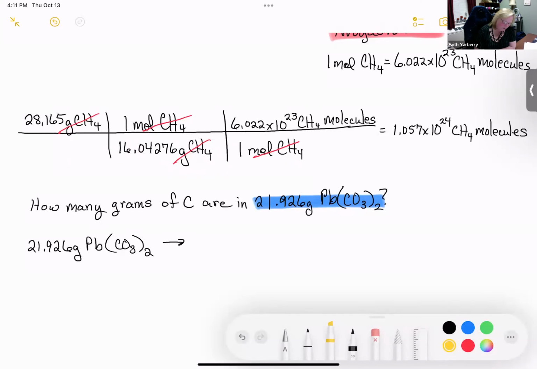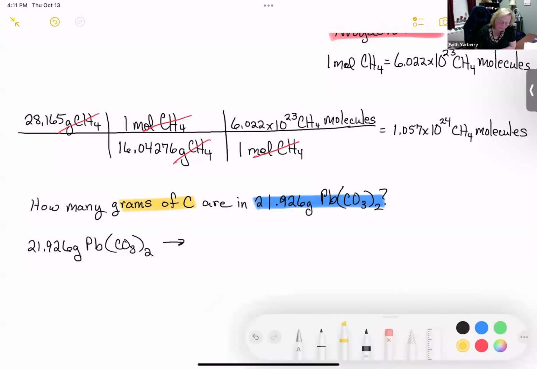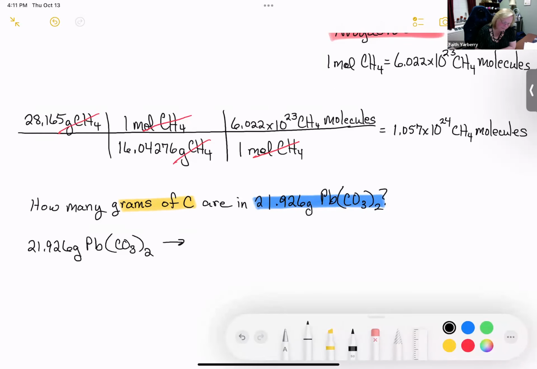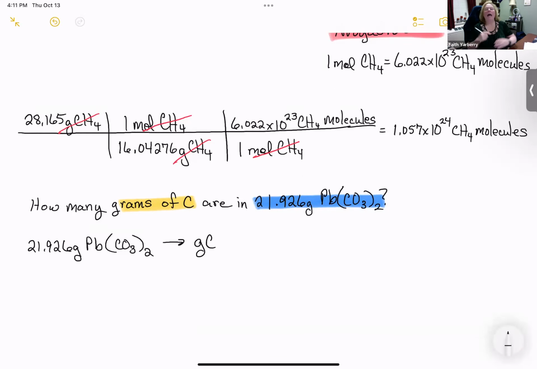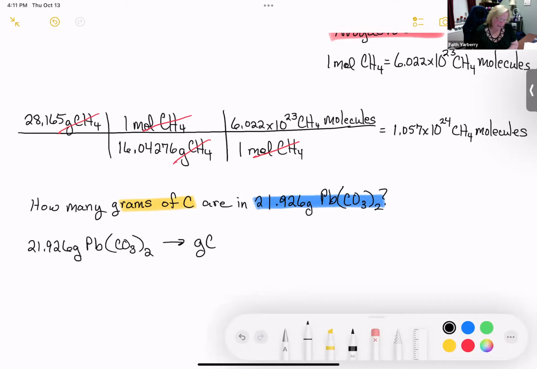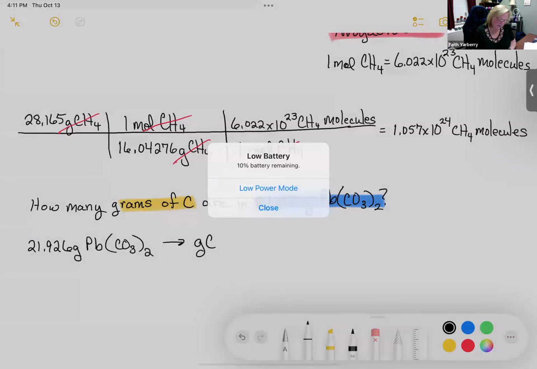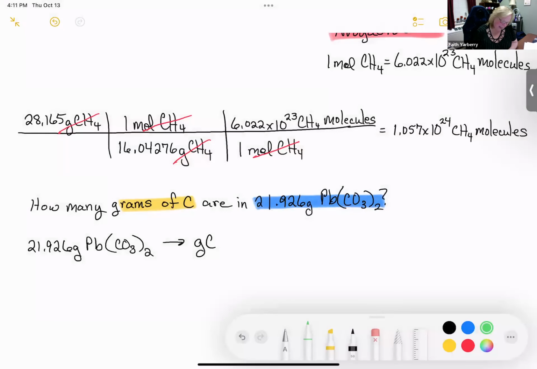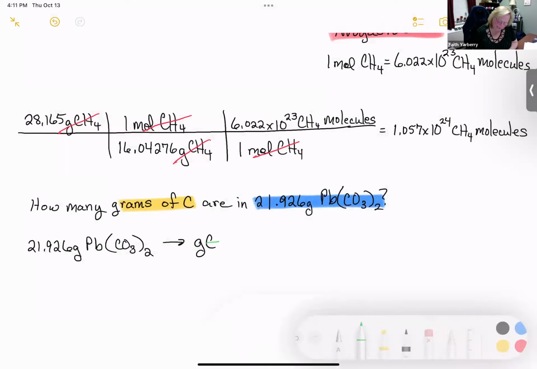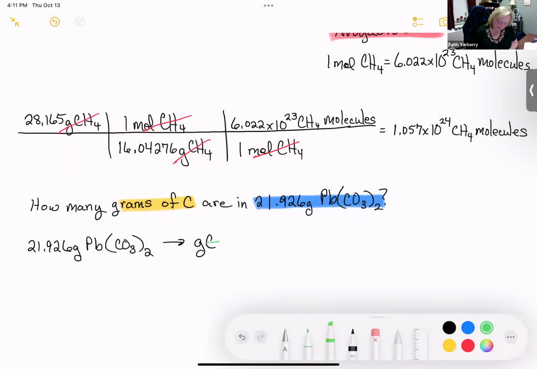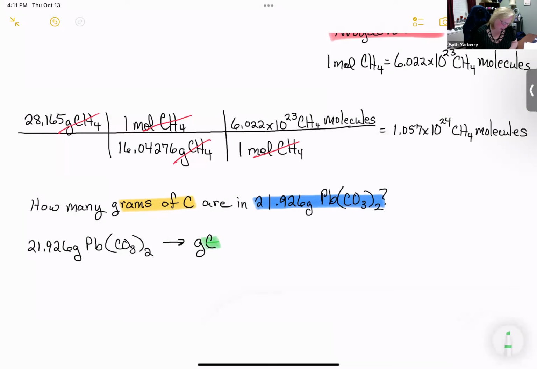I want to solve for grams of carbon. And now I start tearing this thing apart. The very first thing I notice is that my starting substance and my ending substance are different.